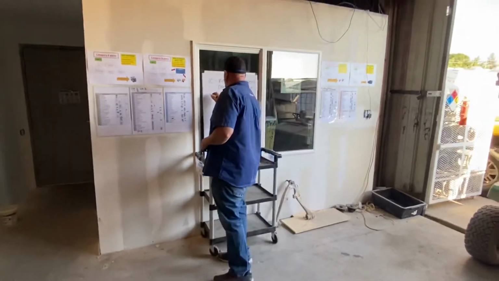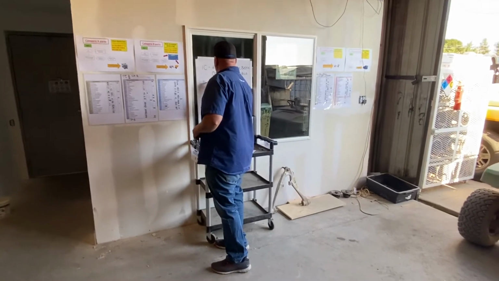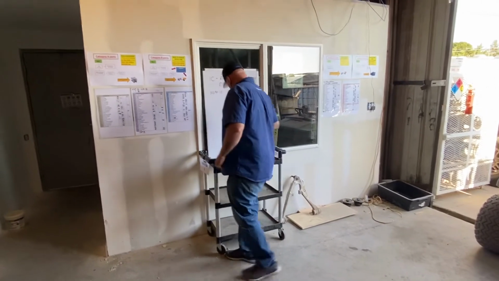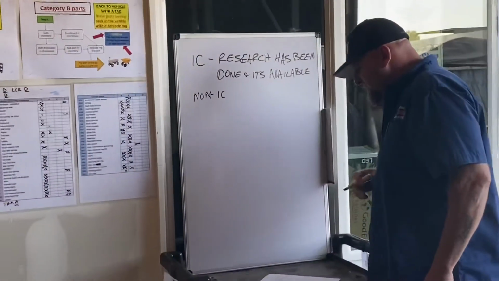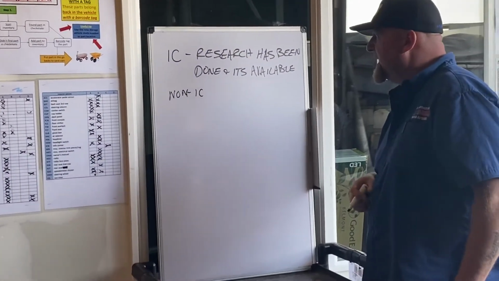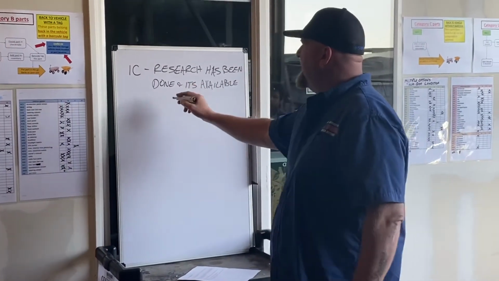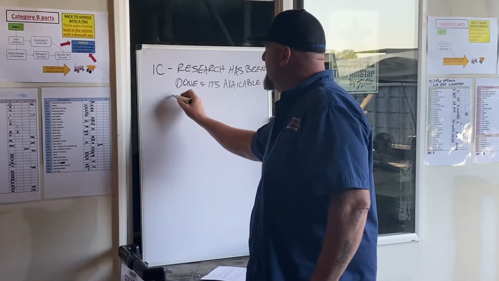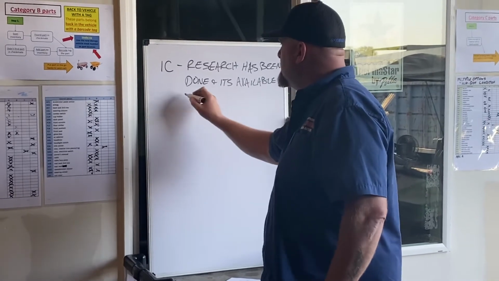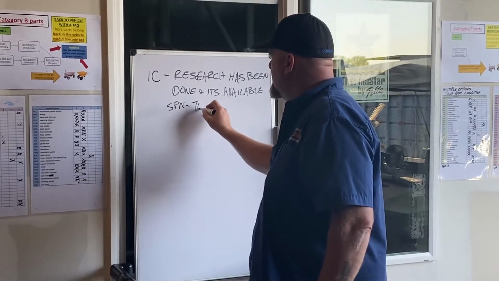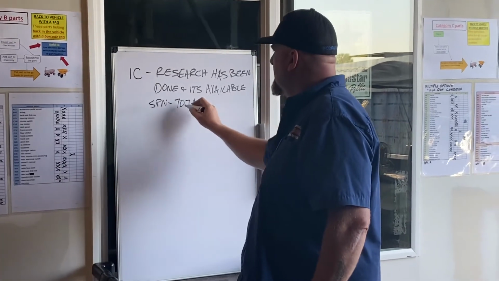Non-interchange: the part does not have an interchange number associated with it. This is key information. An interchange will have a number associated with it. So that spindle will have an interchange number associated with it.